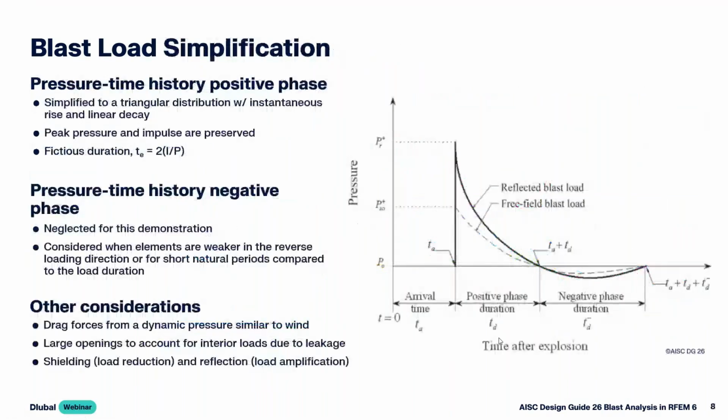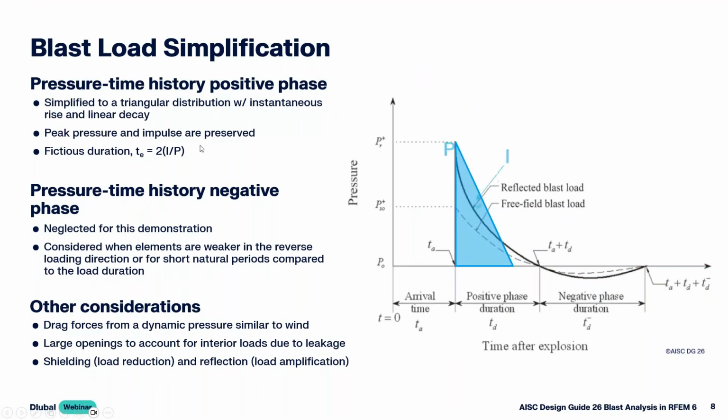Turning now to Design Guide 26 assumptions here for creating these time diagrams. We're going to begin first with the pressure time history positive phase. Well, Design Guide 26 states that we can actually simplify this to a triangular distribution, where we still have this instantaneous rise in pressure, but instead of a curved decay here, we have a linear decay back to the ambient pressure.